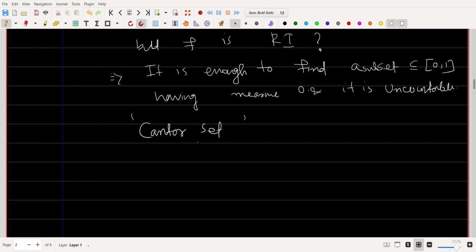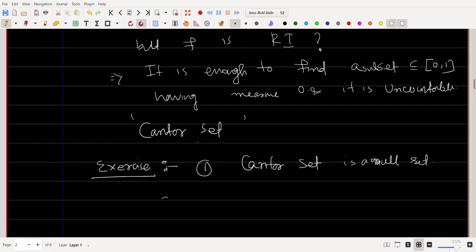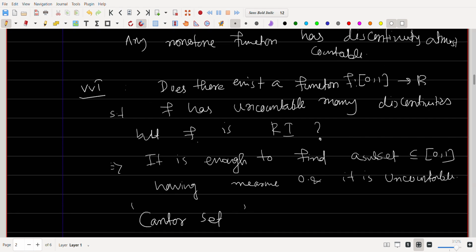Now, it is a very important exercise. Your exercise is to show, first, that the Cantor set is a null set, and then that the characteristic function on the Cantor set satisfies the question (star).